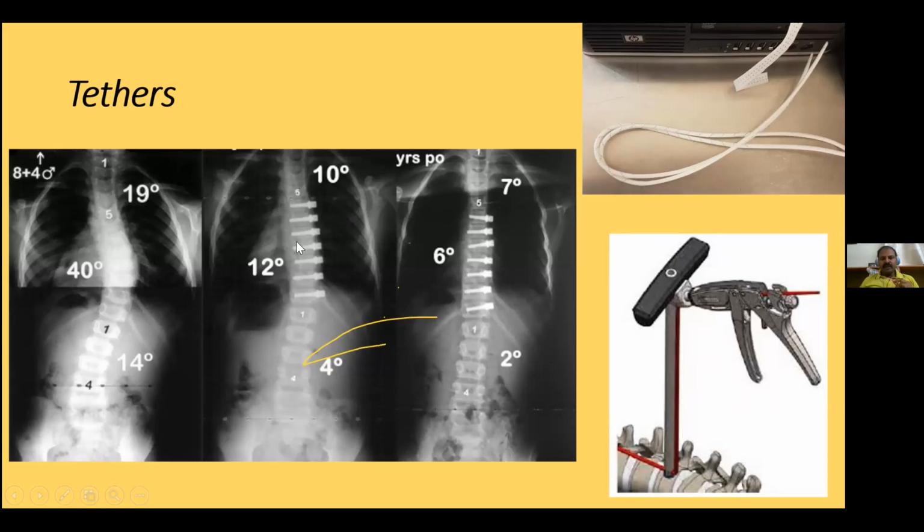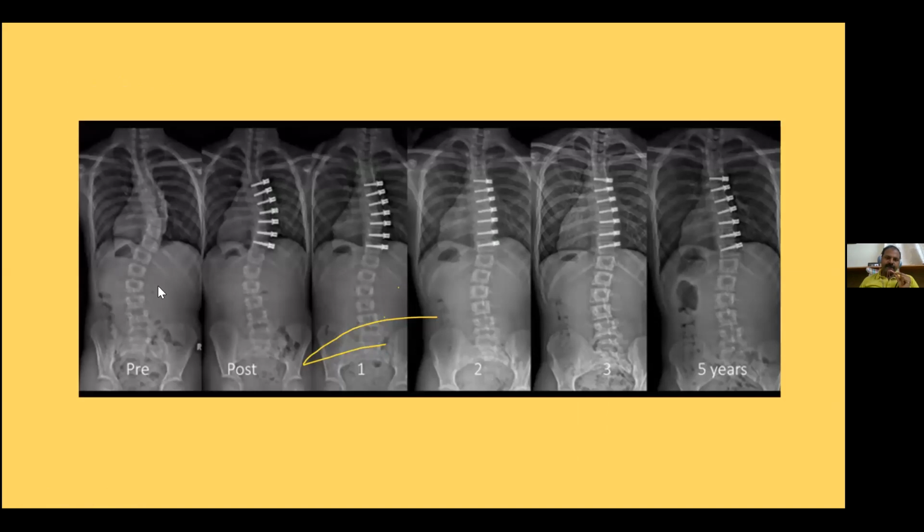So if you start doing that, then you get an absolute correction, a faster correction. But very soon the concave side overgrows, and then you will have a curve tilting to the other side. So an ideal case should be something like this, where you see there's not much correction here, but as the child grows, you see it gradually correcting.